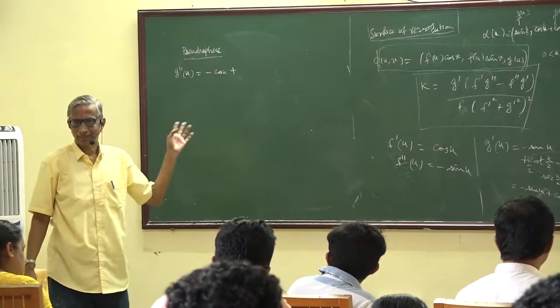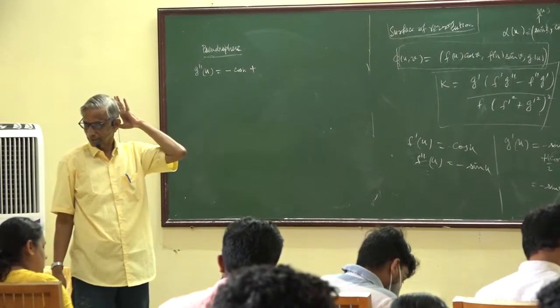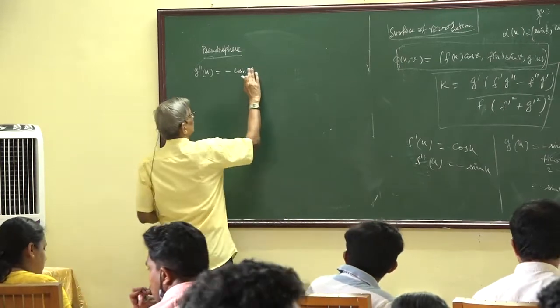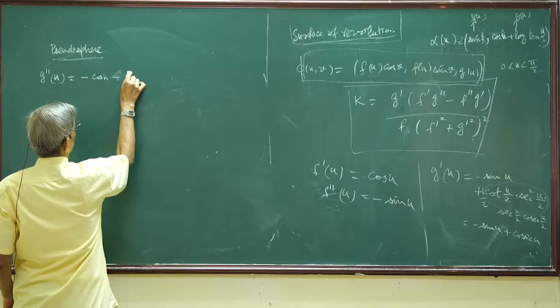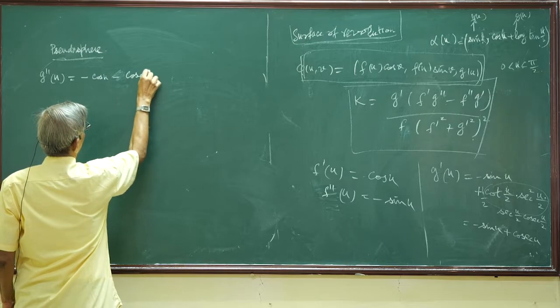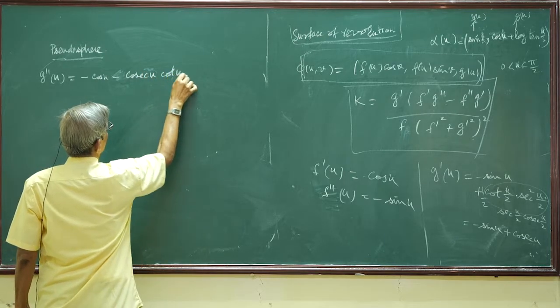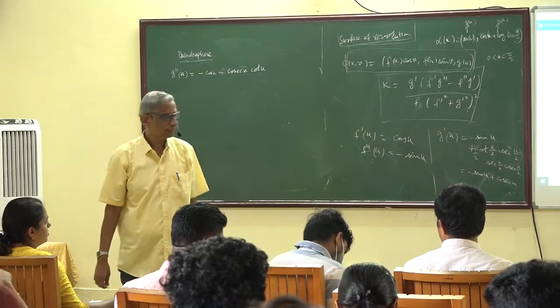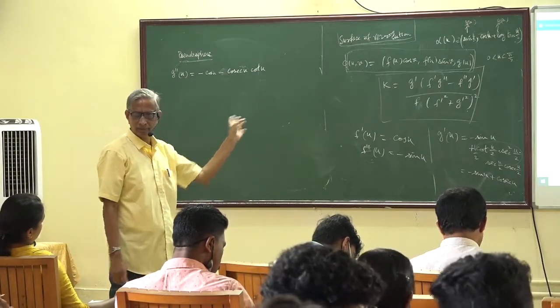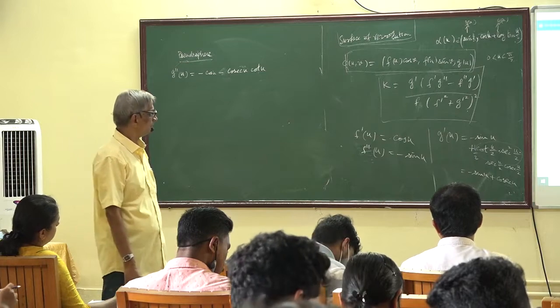Oh, minus again, right? When you differentiate cosecant, so minus. So now just plug in all the values there.